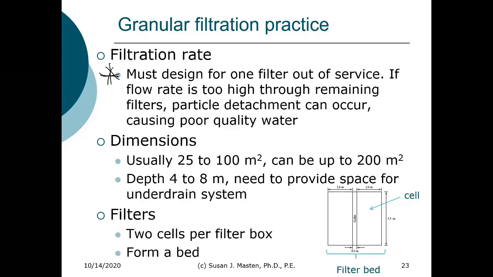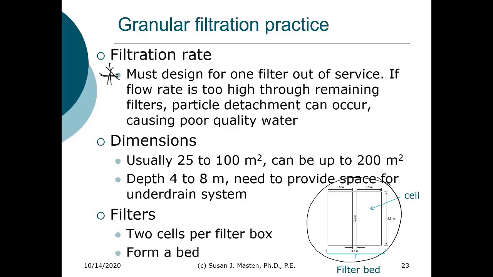The dimensions of these can be anywhere from 25 to 100 square meters. It can be up to 200 square meters, but typically under 100. When you're designing these, this is a filter bed, the whole thing.